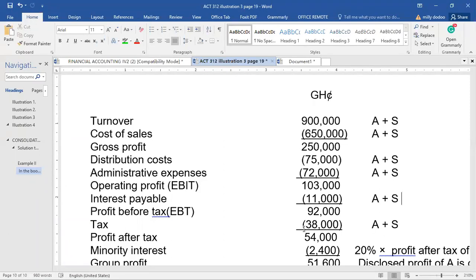But when it comes to the dividend, which constitutes a portion of our investment income, you must take note whether they tell you anything about that or not.